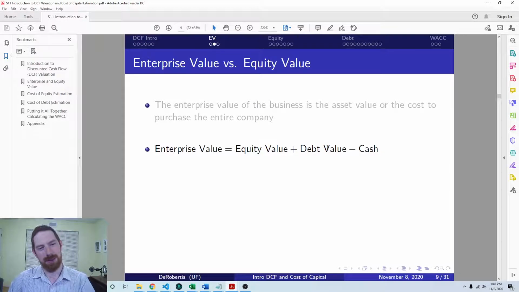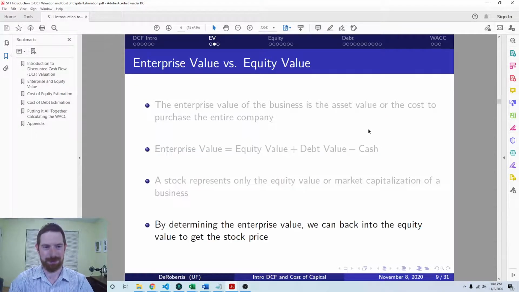But then after they bought the company, they have the cash from the company now in their possession. And so that actually reduces the cost of acquiring the company because they have that cash coming back to them. So in both ways that we can conceptualize the enterprise value, it makes sense for cash to come negatively into the equation.